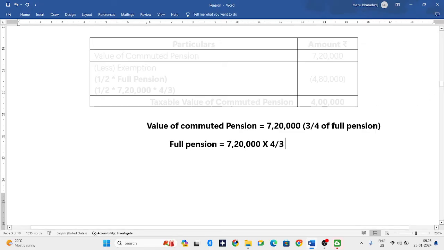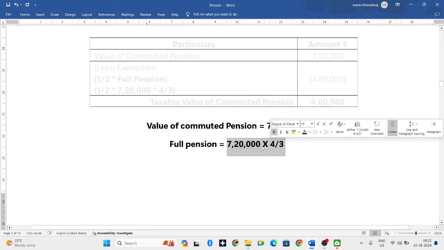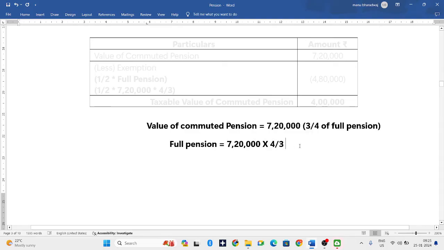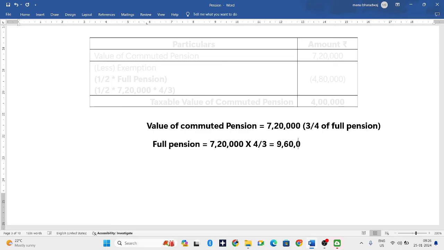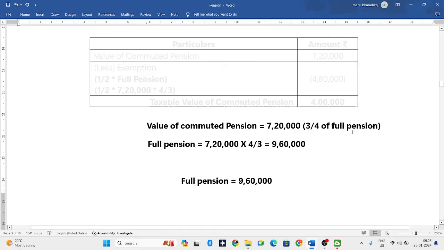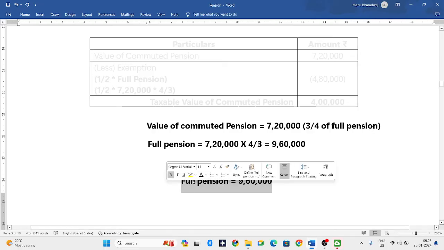We know the value of 3/4 of the full pension is 7,20,000. If we want to know the full value, we need to do 7,20,000 into 4 divided by 3, which is equal to 9,60,000. So full pension is 9,60,000.